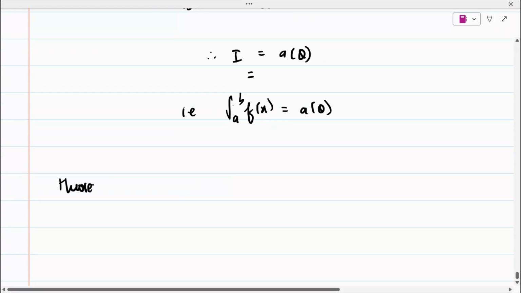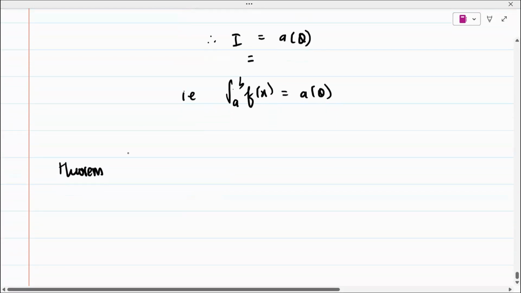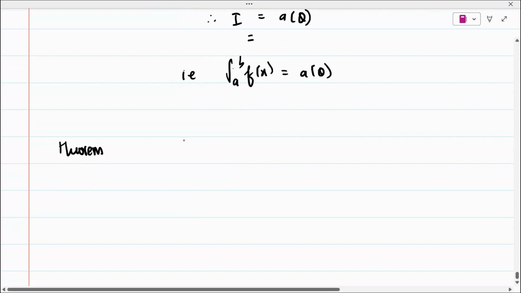Next, another theorem, which I think is common knowledge: a curve has zero area, but with respect to integration.